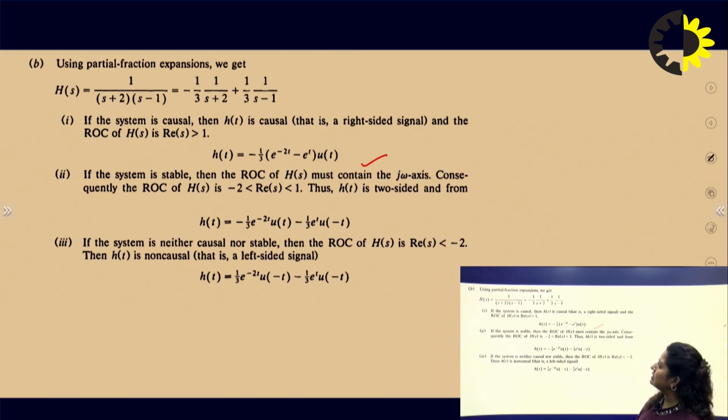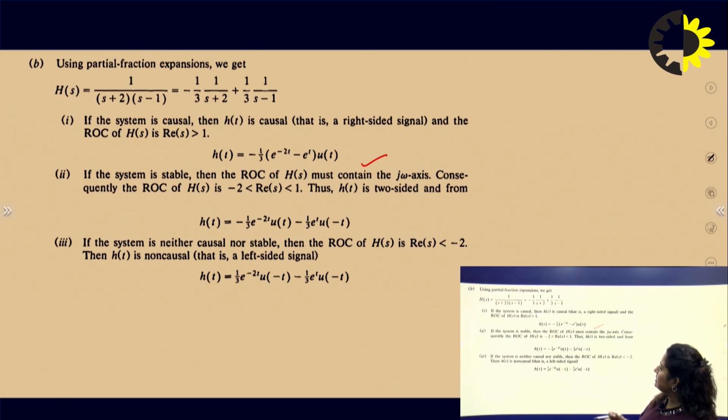So, in the first case, real of s greater than 1, it is causal but not stable. Real of s lies between minus 2 and 1, it is non-causal and stable. And real of s less than minus 2, it is anti-causal and unstable. So, the first case, which is real of s greater than 1, is causal and unstable.